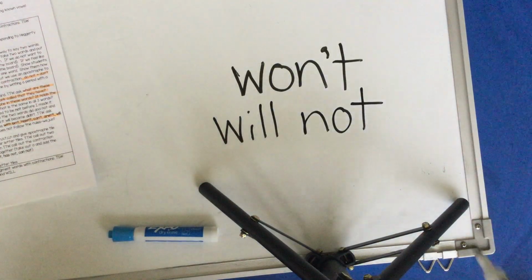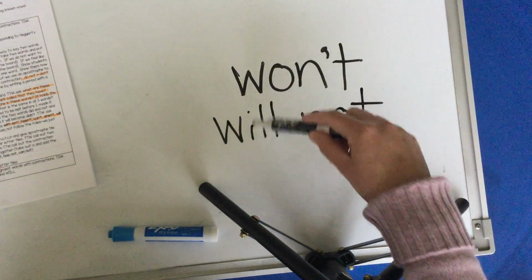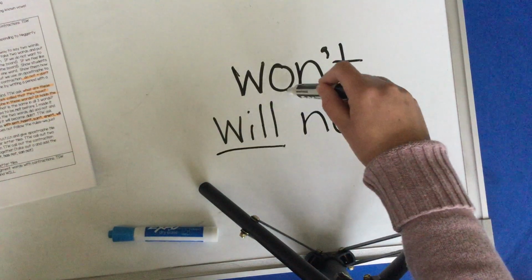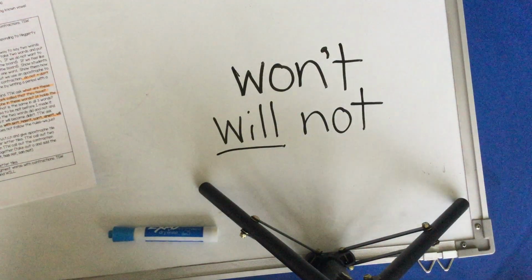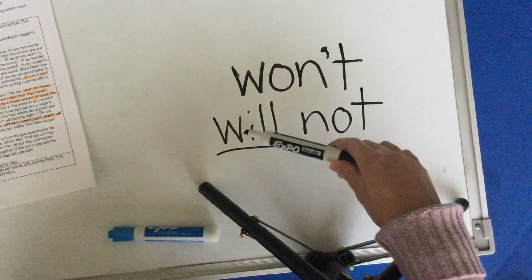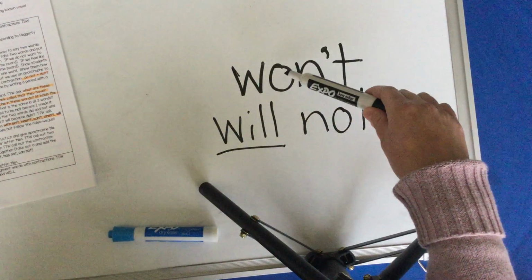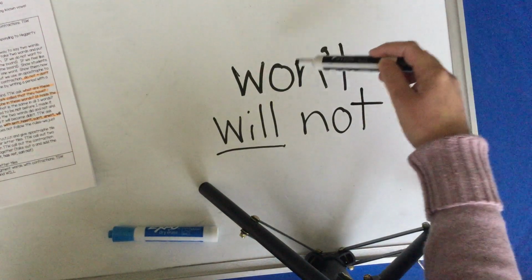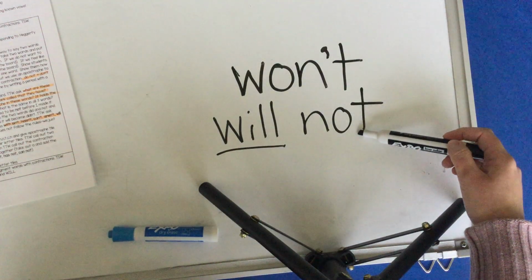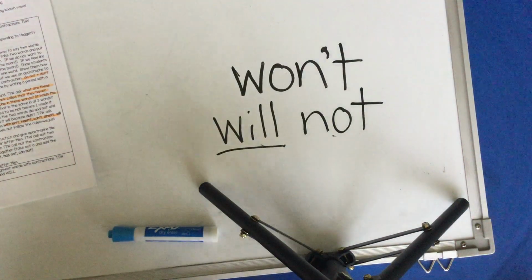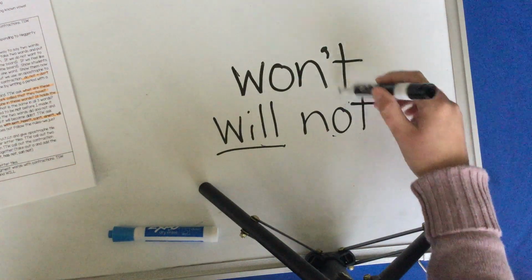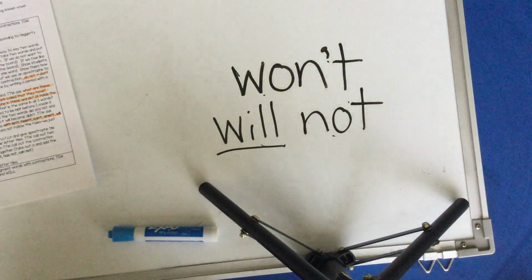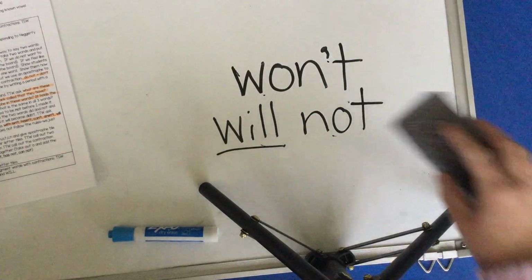Okay? So it doesn't follow the same pattern that we've been doing. You see here, this is the first word, but it's not the same up here. So we're just going to have to remember in our brains that won't is the contraction for will not. We're still taking out that O, and the apostrophe goes there, but right here, this is different. So we're just going to have to remember that. That's a tricky one.